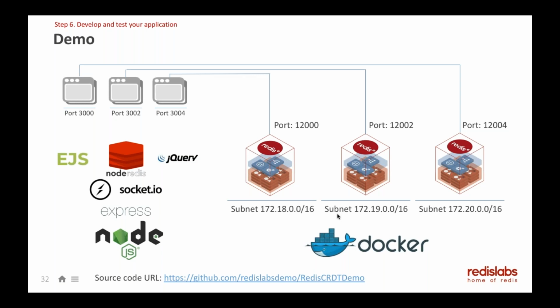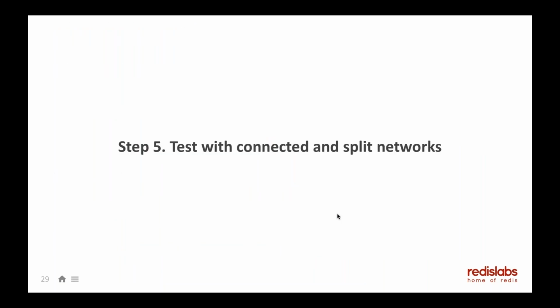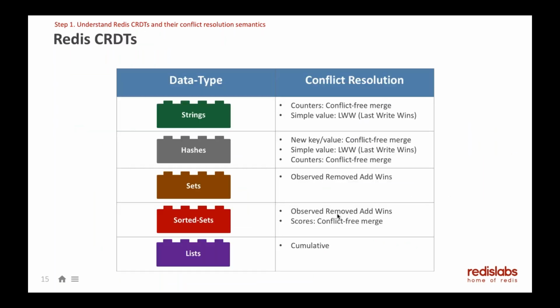Redis active-active support is available only to the data types that I showed you a short while ago. So these are the data types that are available with CRDTs: strings, hashes, sets, sorted sets, and lists. But going forward, that is something we have in our product roadmap, and we would like to see more data structures come into the realm of CRDTs.